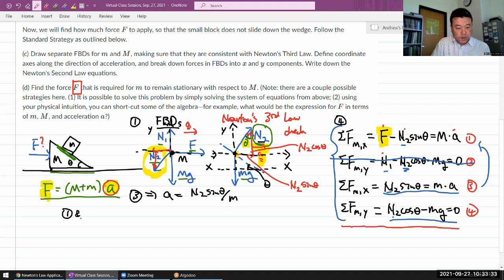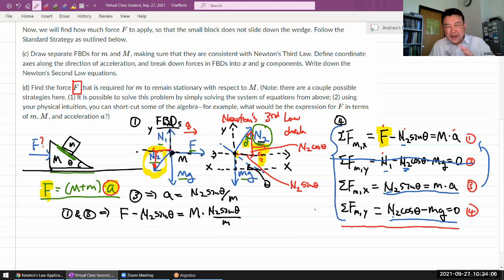So with equations 1 and 3, I get this expression that has only two unknowns, F and N2. F minus N2 sine theta is equal to big M times this expression for acceleration, N2 sine theta over small m.